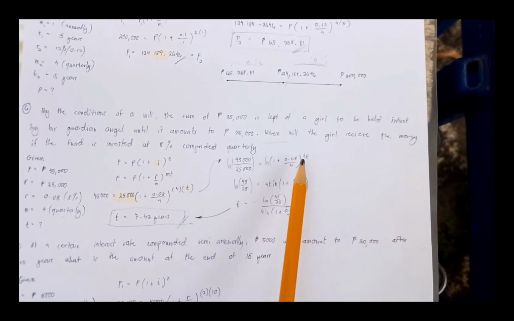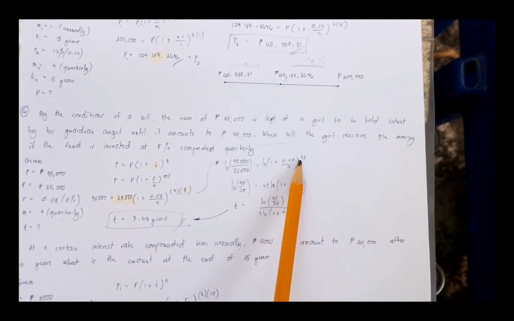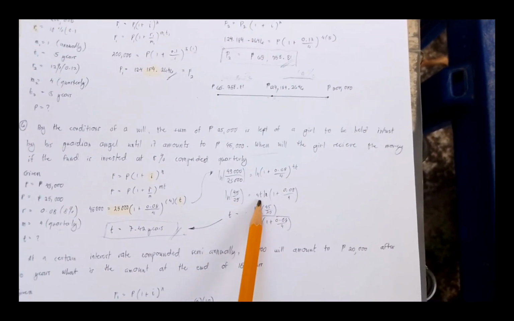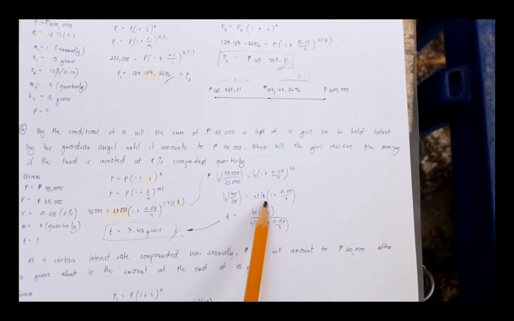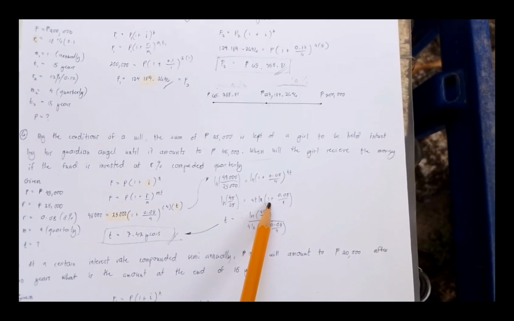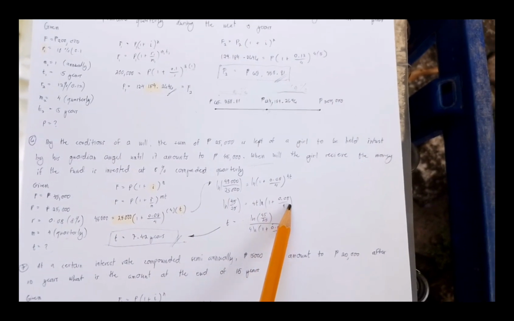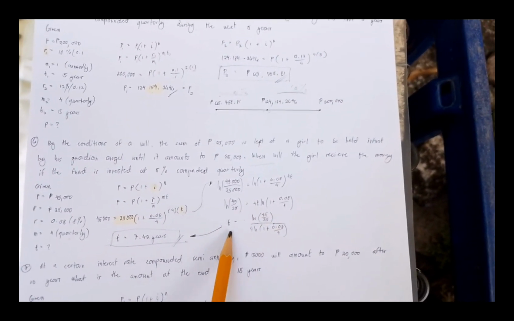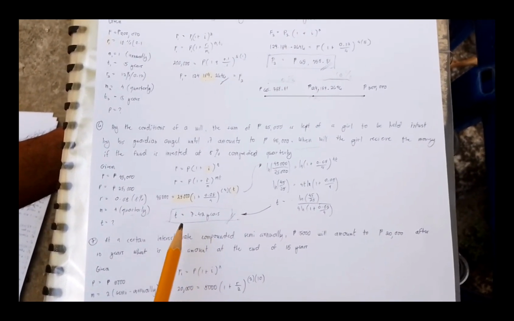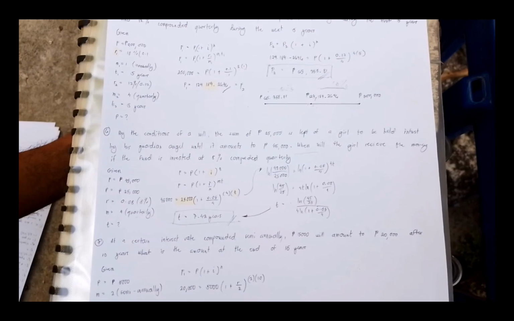And we know the rule of logarithm is that the exponent becomes the coefficient. Then simply divide both sides by 4 ln of the quantity 1 plus 0.08 over 4, and we could isolate t. We could get its value, which would equal 7.42 years. So approximately 7.42 years.